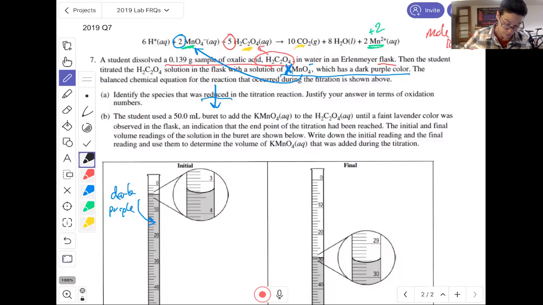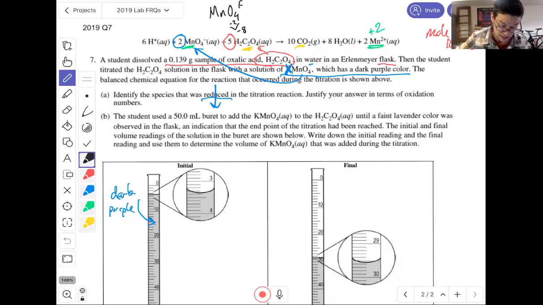So for my MnO4, what do I get to automatically assume? The oxidation number of oxygen. Yes, so I get to assume that the oxygen is a -2, and for 4 of those, a total of -8.